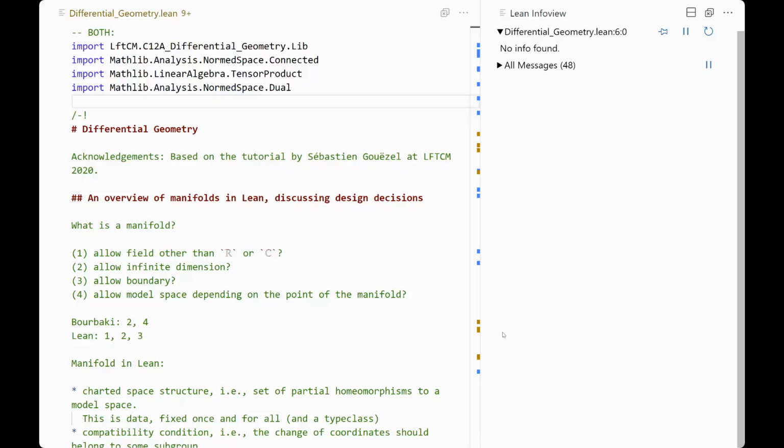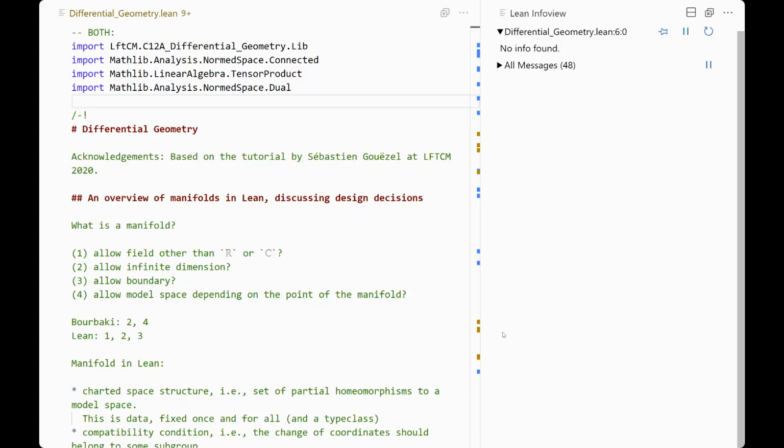Do you consider manifolds with boundary manifolds, or do you only want manifolds without boundary? So your manifolds are modeled by some model space, and can that model space depend on the point in the manifold, or should it be the same model space for every point of the manifold?